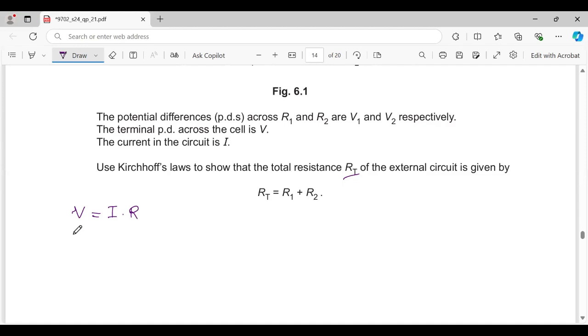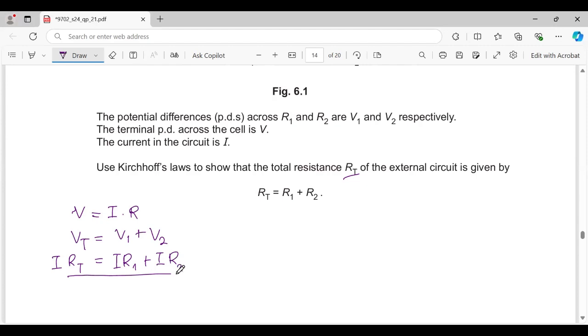So the total potential difference equals V1 plus V2, or it is I RT, current times total resistance, equals current times R1 plus R2.